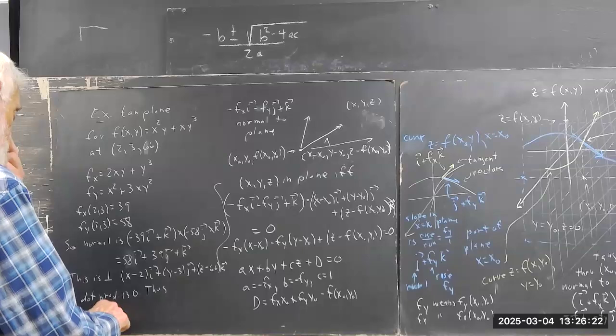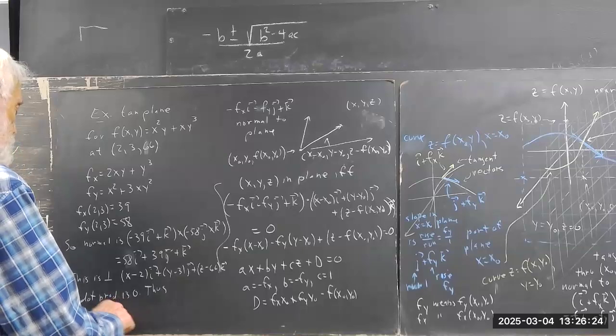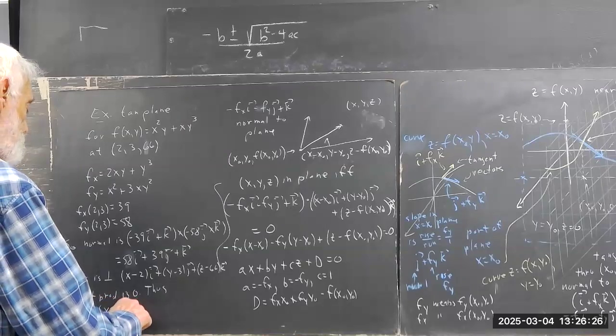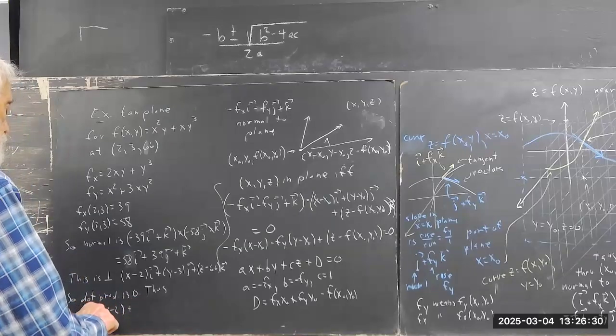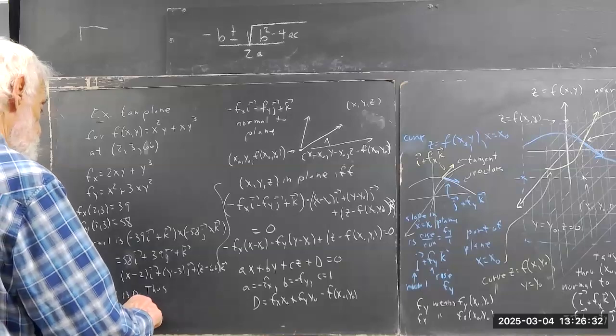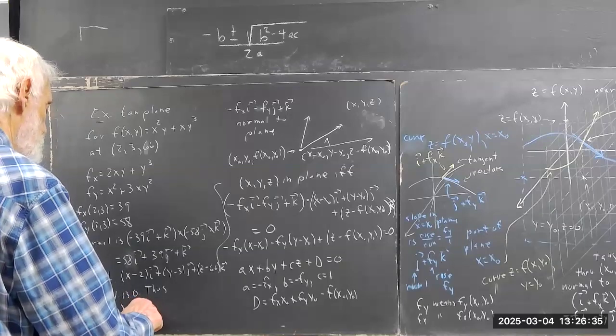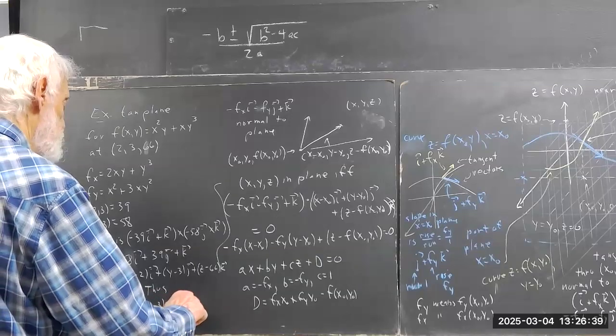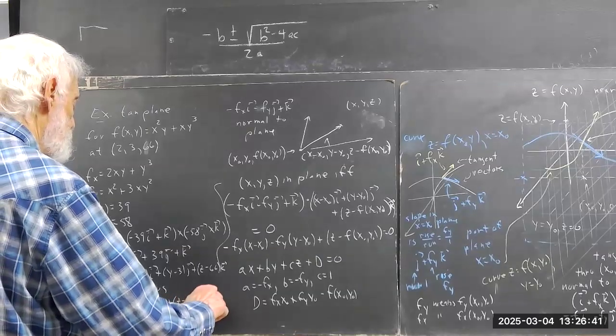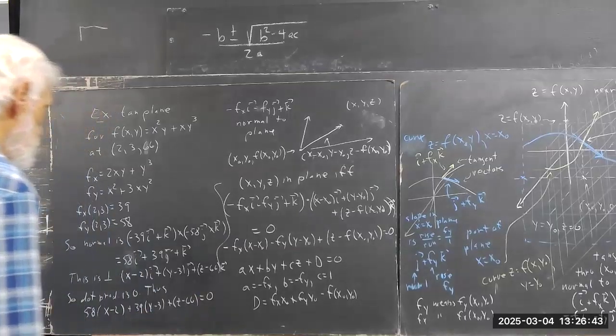Thus, 58 times x minus 2 plus 39 times y minus 3 plus z minus 66 has to equal 0.